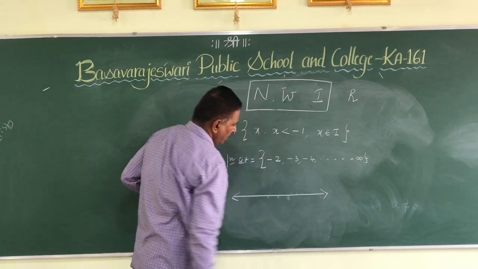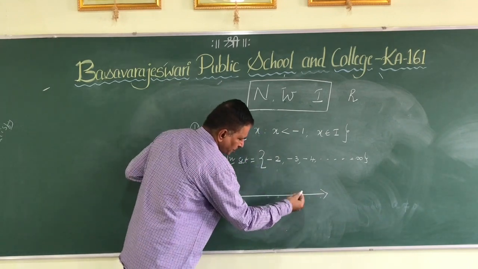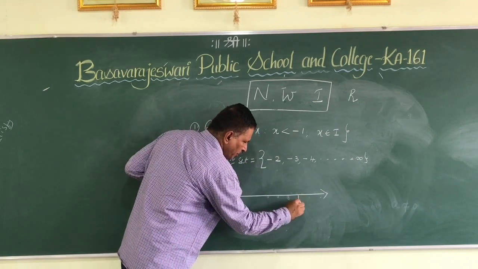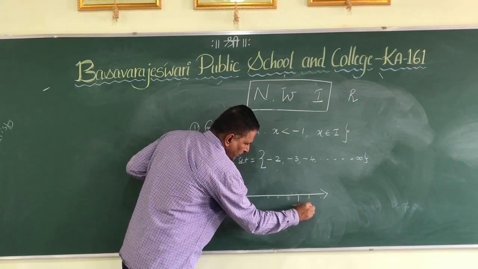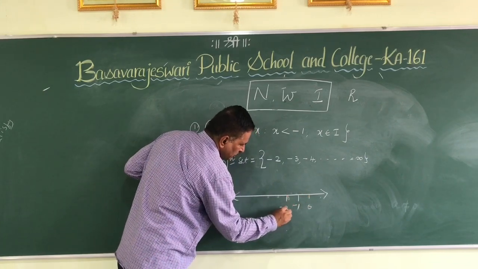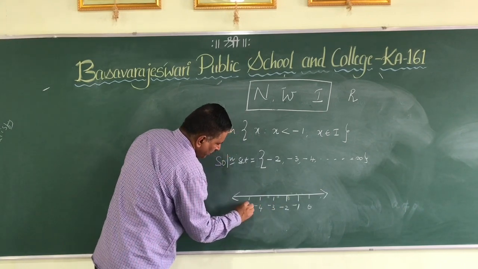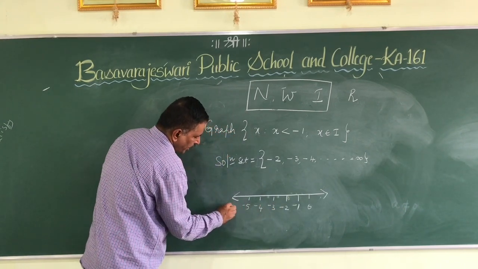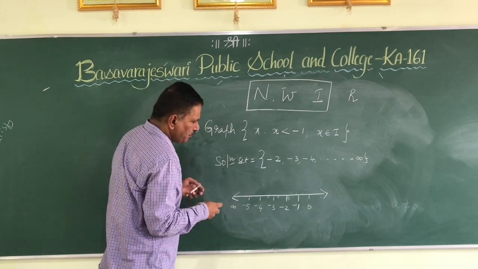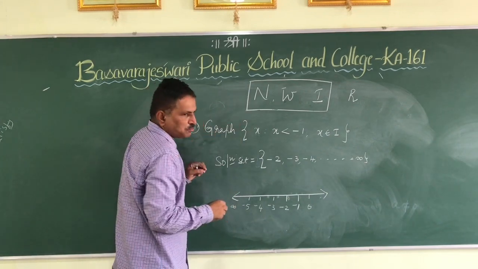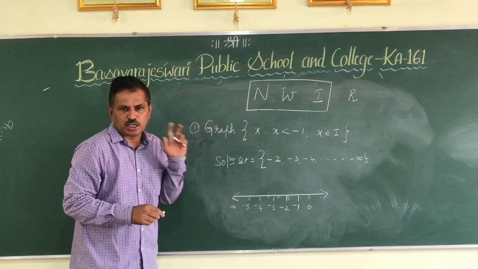On the number line, you can start with here directly. If you want, you can start with -1. If you want, you can give 0 also. This is -2, -3, -4, -5, and so on up to negative infinity. Since it is again an integer, you are supposed to draw the solid circle.